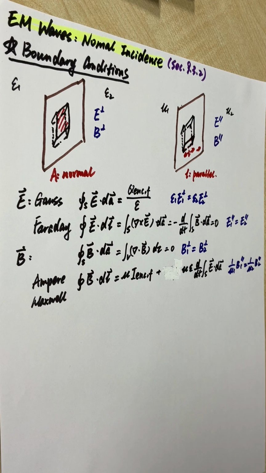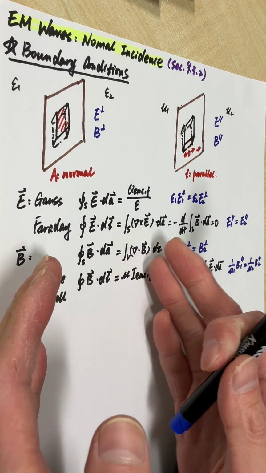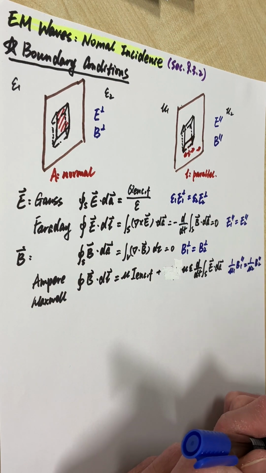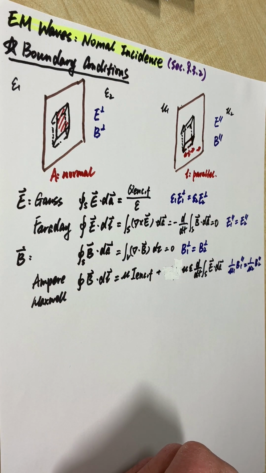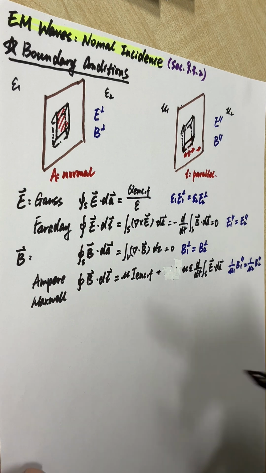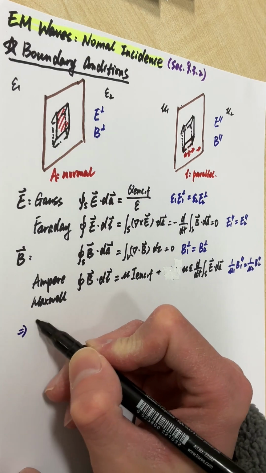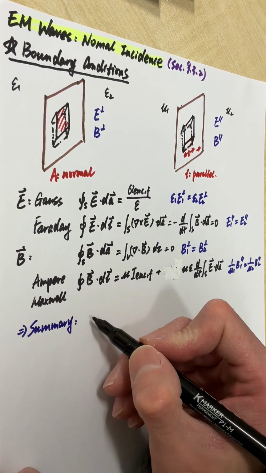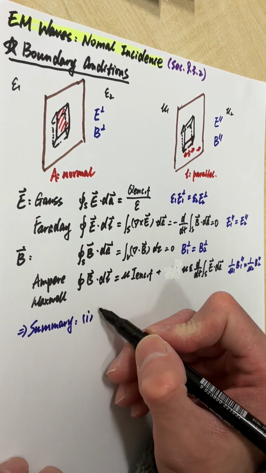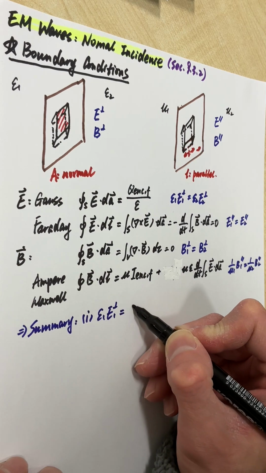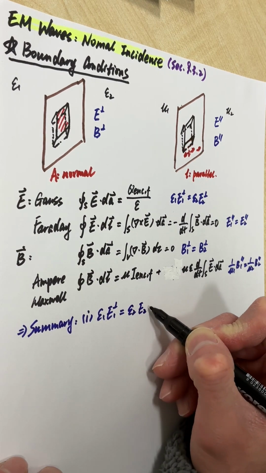I hope this summary from the electromagnetism series to boundary condition is clearer this way. Let's summarize all the boundary conditions here. So, in summary, the first boundary condition we have epsilon1 E1 normal component equal to epsilon2 E2 normal component.